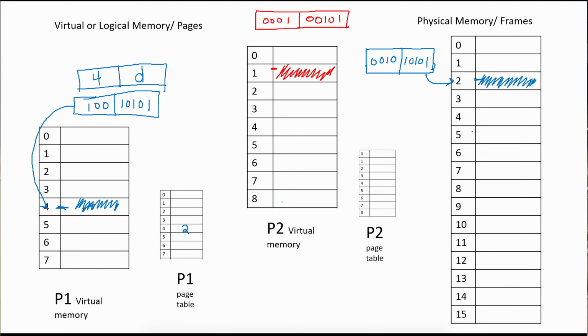So let's say we found frame 5 is free. Then it shows that page 1 is in frame 5, and that would generate a physical address made up of the same offset, only this would be frame 5.